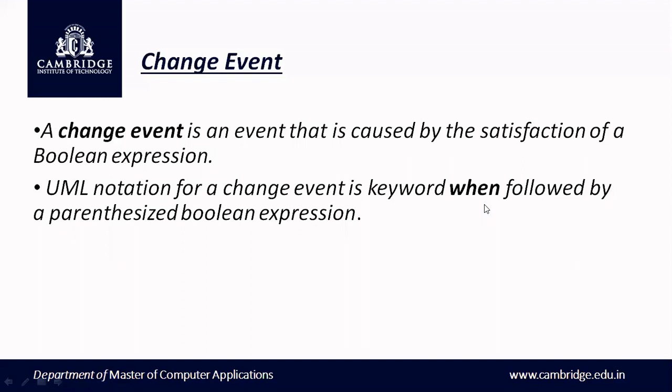Whenever this change event is specified, the Boolean expression will be continually evaluated until the expression is true. Once the expression is true, the change event occurs. The change event is nothing but the condition being satisfied, and if the condition is satisfied, the transition takes place.